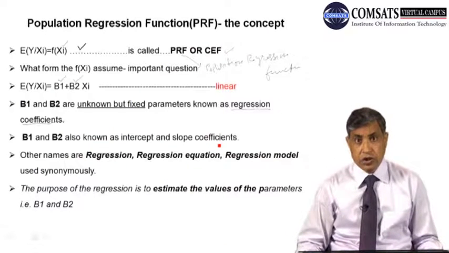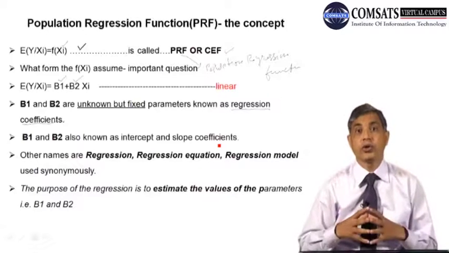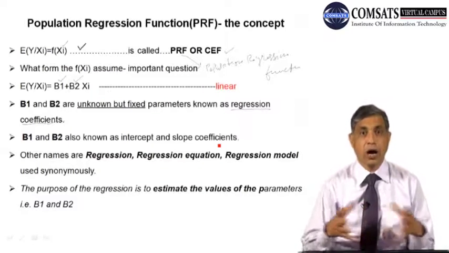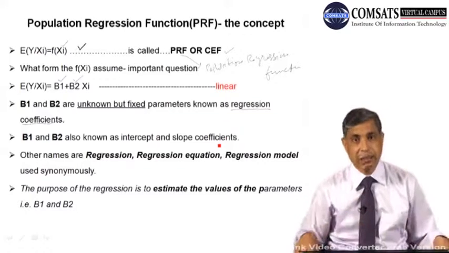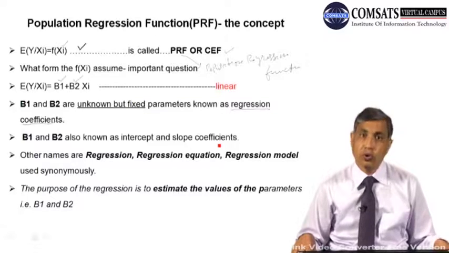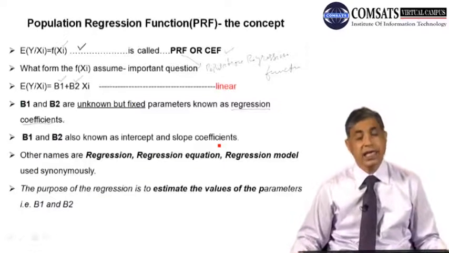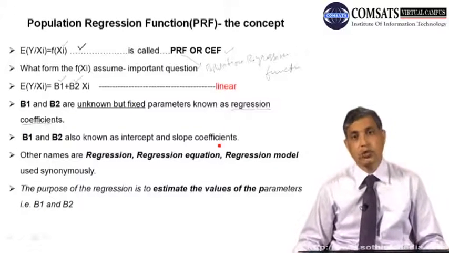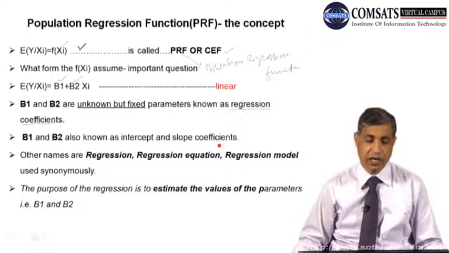And other names: as we are in the beginning and we are just setting the stage for a huge discussion of regression, we are making ourselves clear about the different concepts, because I will be using these concepts alternatively, so there should be no confusion that these are similar terms. For example, this function is also called the regression function, the regression equation, or the regression model.